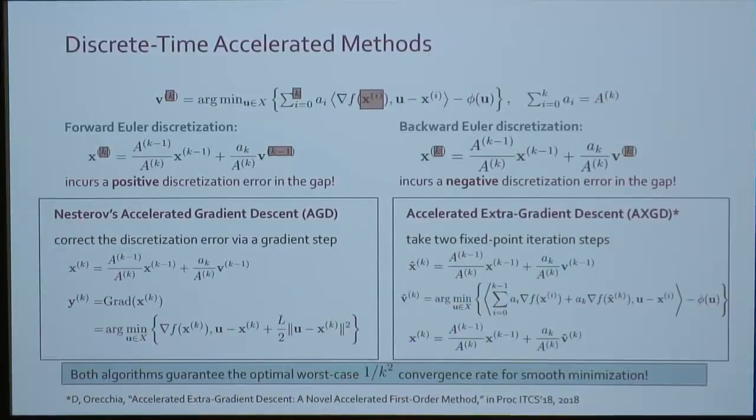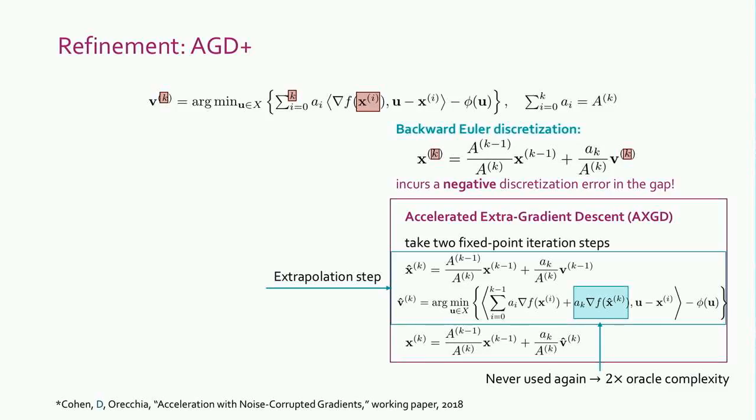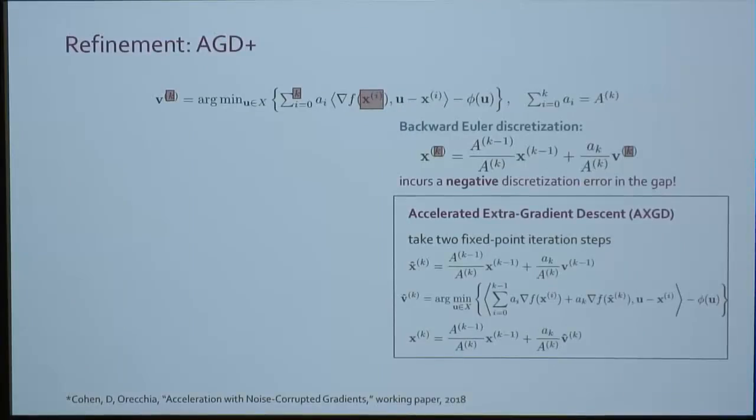Another thing I want to say is that this algorithm, we'll see very soon why it's useful. But initially, when we did this work, it was unsurprising that you can get acceleration in a different way. All accelerated algorithms we had before were based on Nesterov's acceleration, for 30 years or so. But what happens with this algorithm is that we have this first fixed point iteration step.